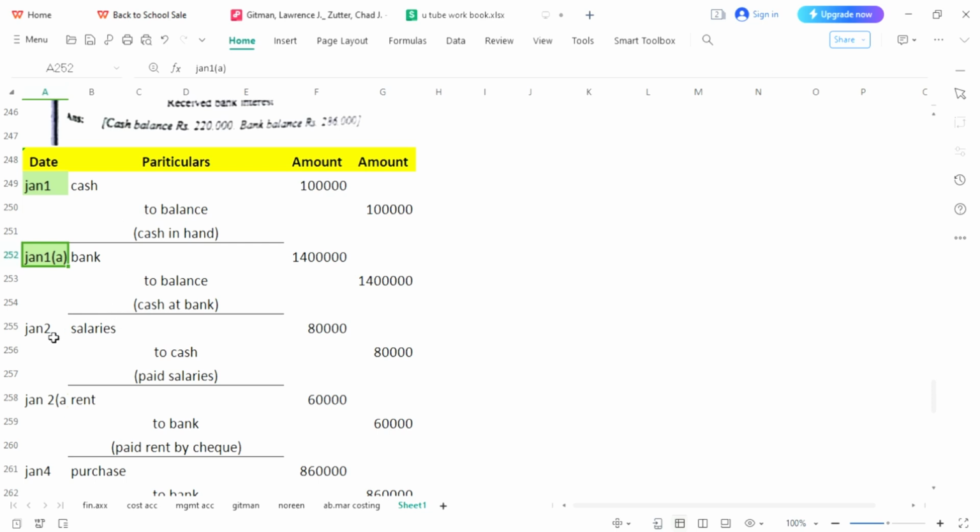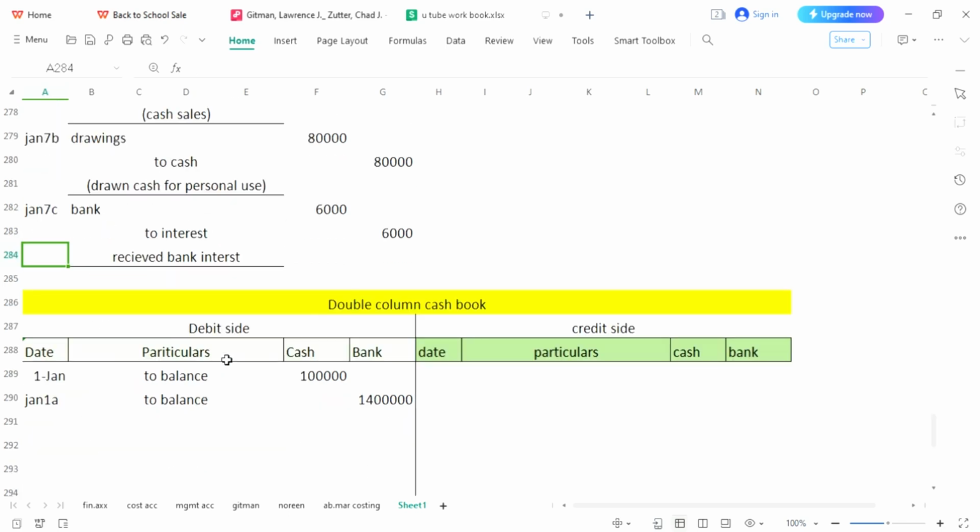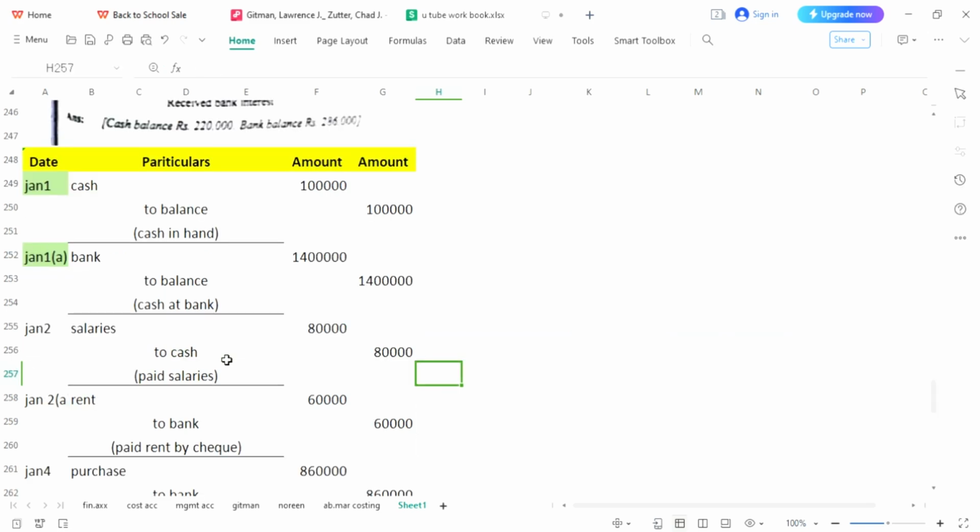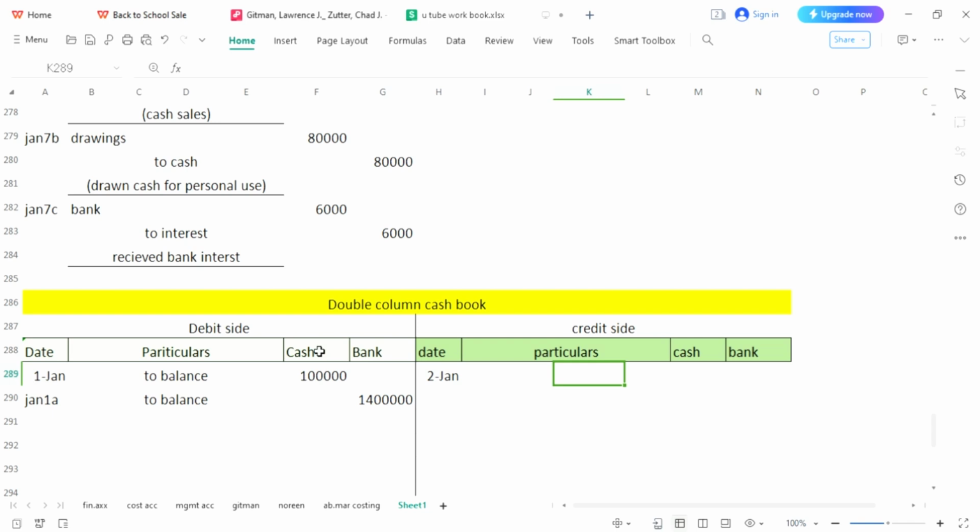Now, the next entry is January 2, where cash is credit. So you will go over here and we'll write January 2, and as you can see on January 2 cash is credited by 80,000. So you will come over here, we'll write 80,000, and now it's time to see what is written on the opposite side.